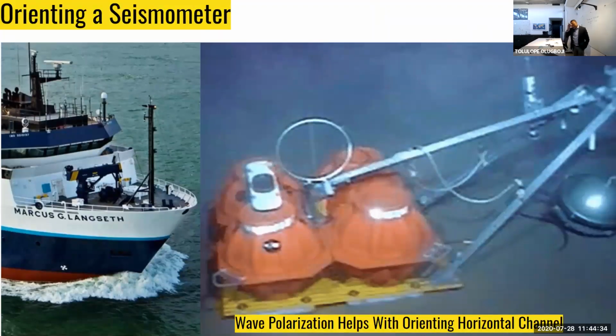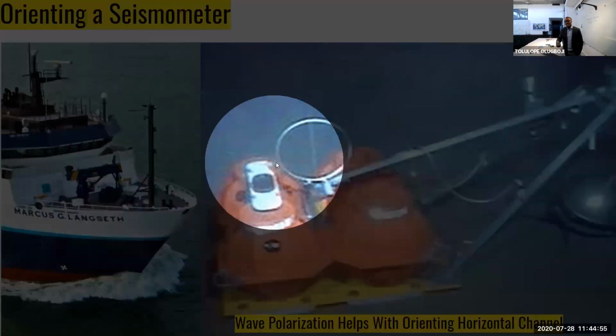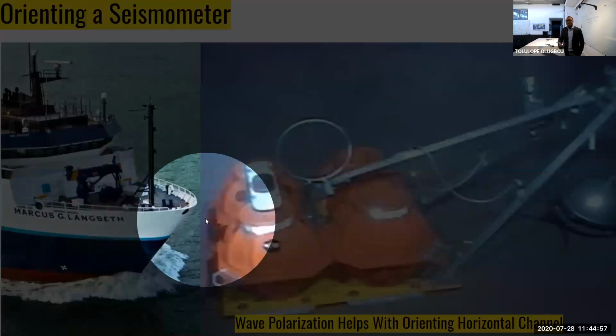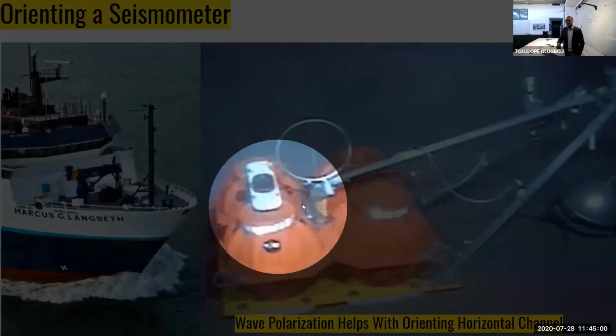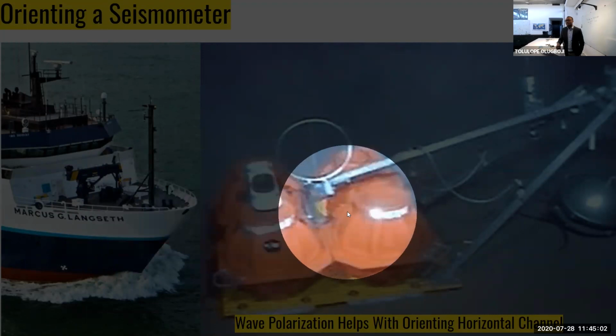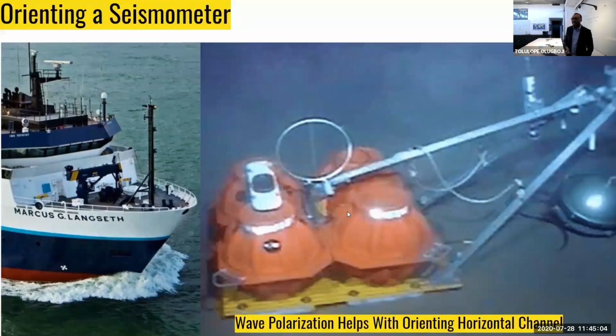Okay, another application of polarization analysis is for orienting a seismometer. You will think that this is redundant, but it's actually not. Imagine on our planet, it's probably not hard to imagine, you've probably been to the ocean. Our planet is 70% water. And so if you want to do planetary seismology on our planet, we have to go out on ships like this, drop seismometers from the boat, and then they land on the bottom of the seafloor, sometimes as far down as 5 kilometers.